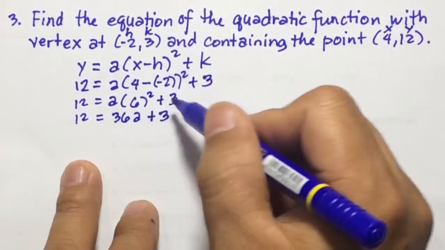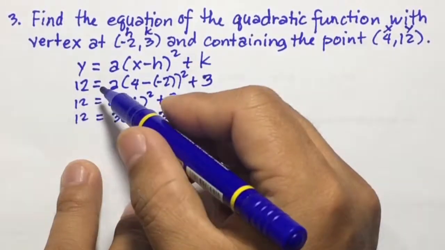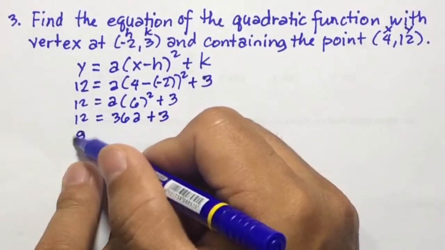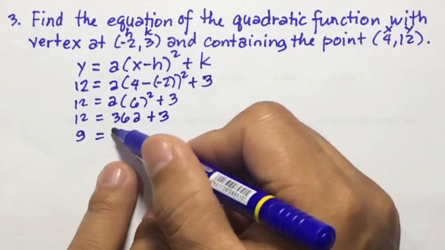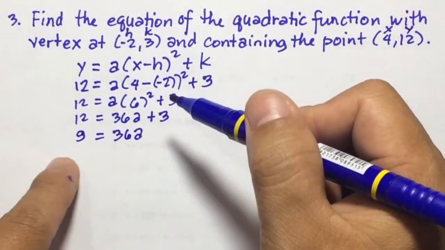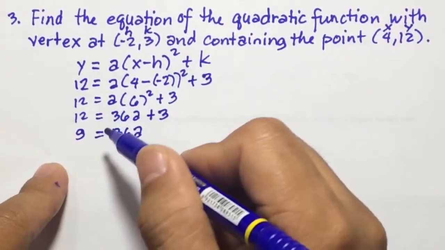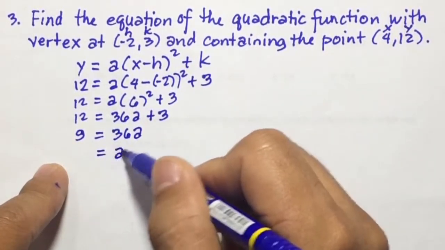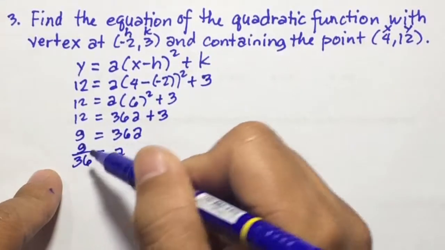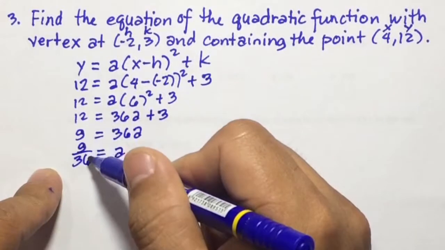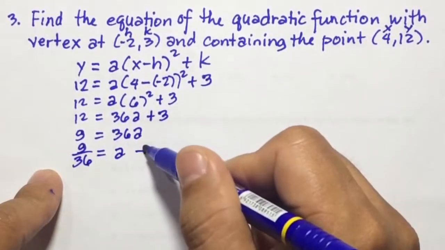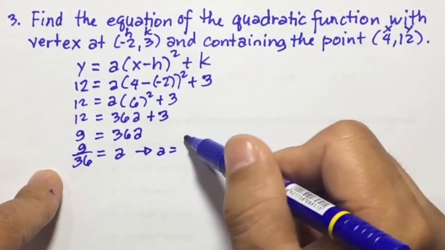And transposing 3 to the left side, we have 12 minus 3, and that will be 9, equals 36a. Then dividing both sides by 36, we have a equals 9 over 36. Then simplifying this one, this is divisible by 9, so we have a equals 1/4.